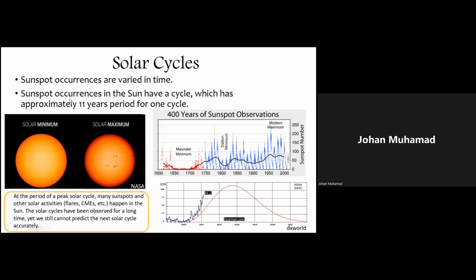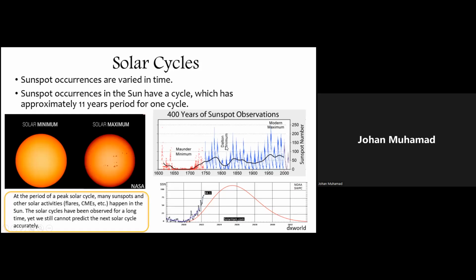So sunspot occurrences on the sun have a cycle, which has an approximately 11-year period for one cycle. And people have already observed this variation of sunspots for many centuries, at least a few centuries. 3 or 4 centuries back, people observed the sun and saw there's a cycle of sunspots like this.